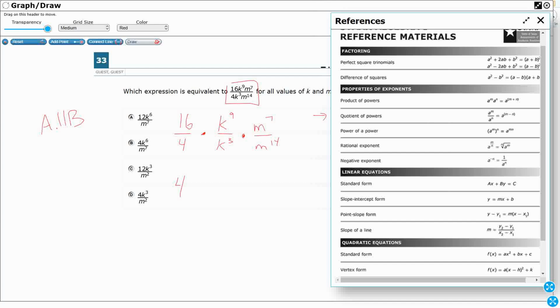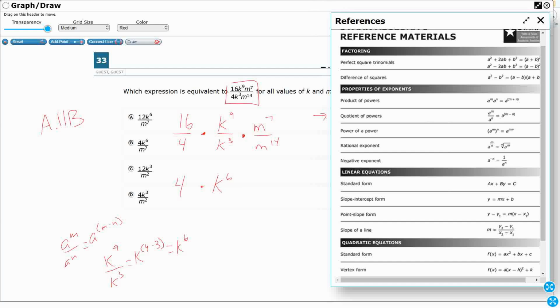So a to the m over a to the n equals a to the m minus n, where you subtract the exponents. So k to the 9 over k to the 3 is going to be k to the 9 minus 3, which is k to the 6. So I'm going to put a k to the 6 right here.